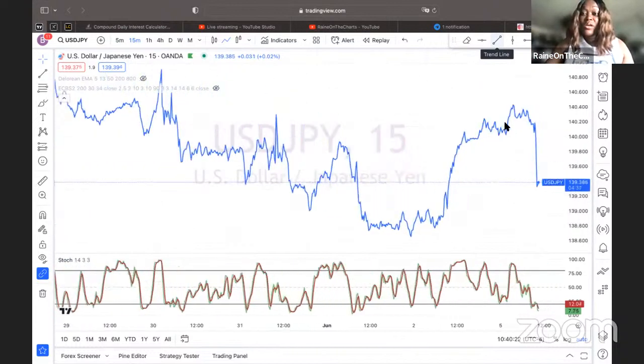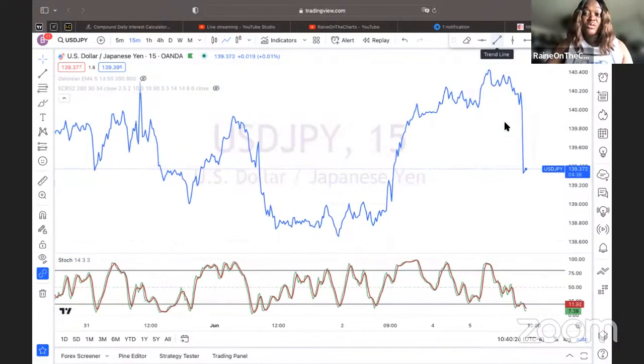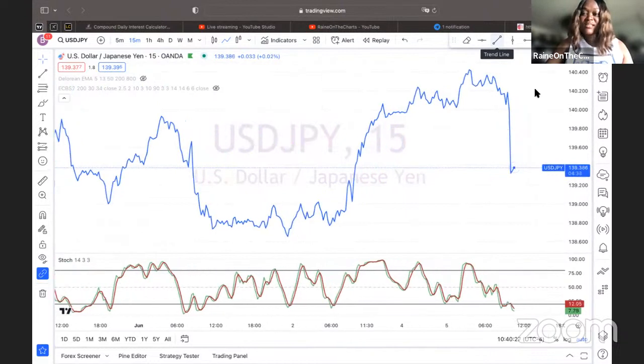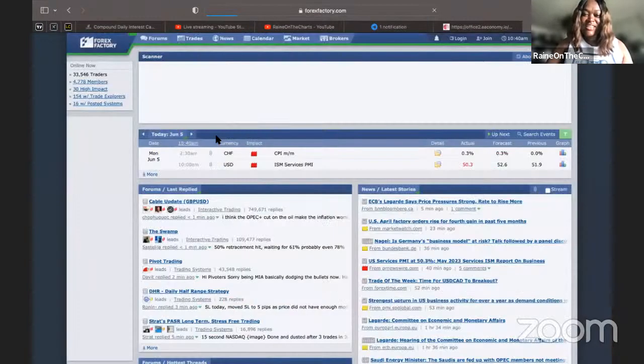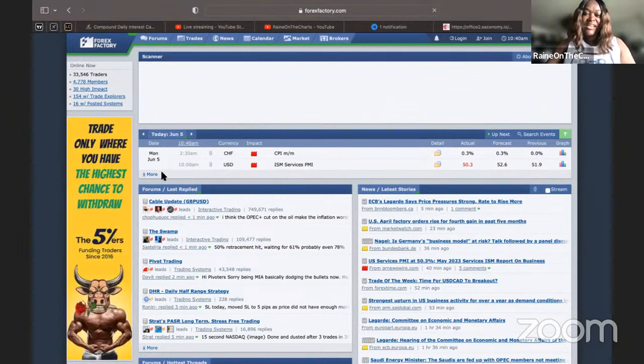And there was some news, it seems. I didn't check. I haven't been trading this morning yet. It's Monday. I typically trade Tuesday, Wednesday, Thursday. Let's look at forexfactory.com. Okay, we had some red folder at 10 a.m. on the US dollar.